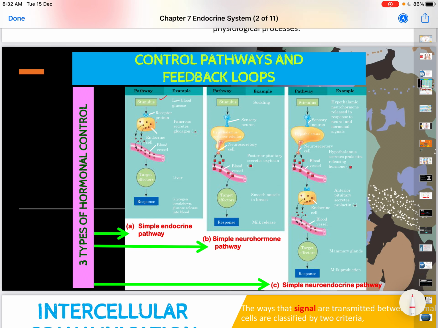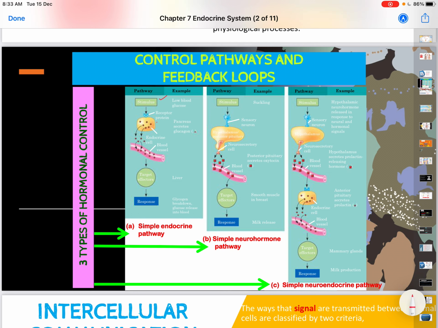In here, the neurosecretory cell will secrete the hormone. They will release the hormones as chemical messengers into the bloodstream. Later, this hormone will go to the target effector and produce a response.